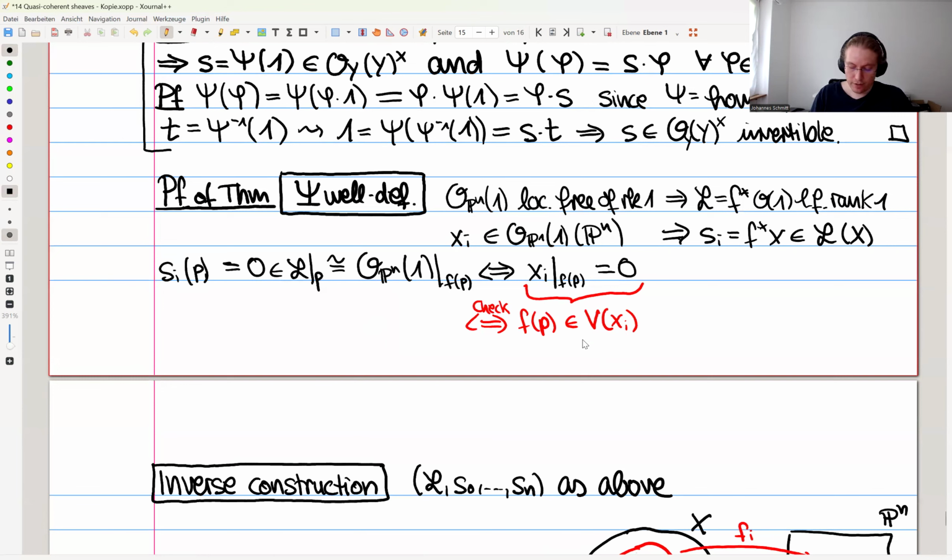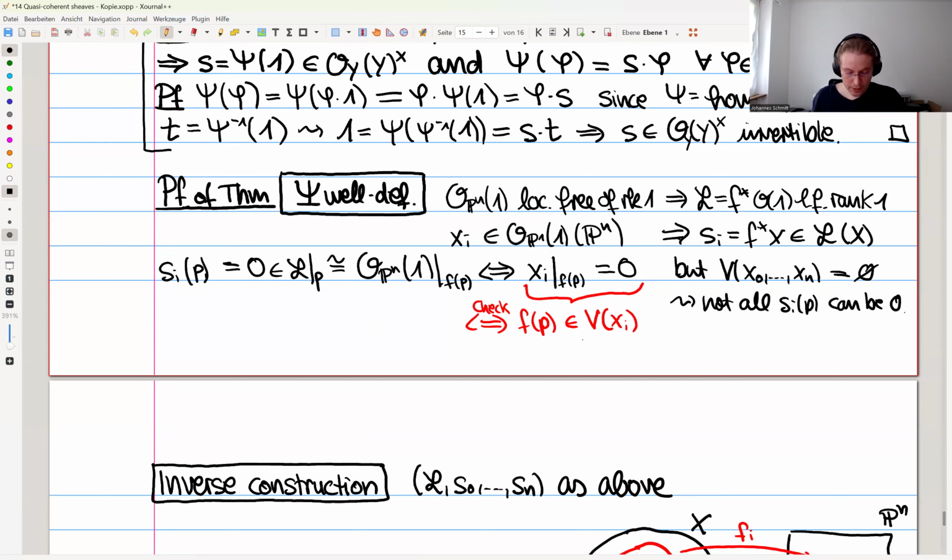So this vanishing is equivalent to this, but we know that the vanishing locus of all of these together is the empty set. And so not all of these s_i(p) can be 0. Okay, so this shows this is a well-defined map in one direction.